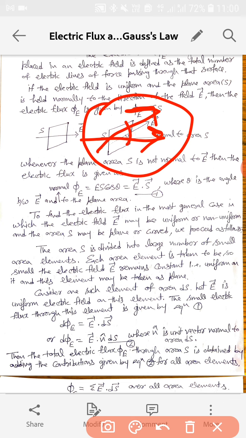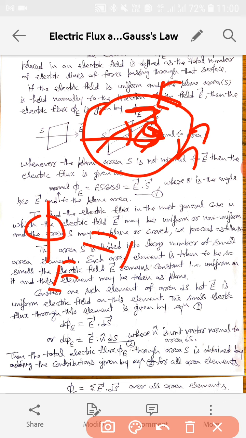So there is an angle between the electric field direction and the normal vector, say it is theta. Due to that, phi E will be defined as E dot S vector, the dot product of electric field and area.